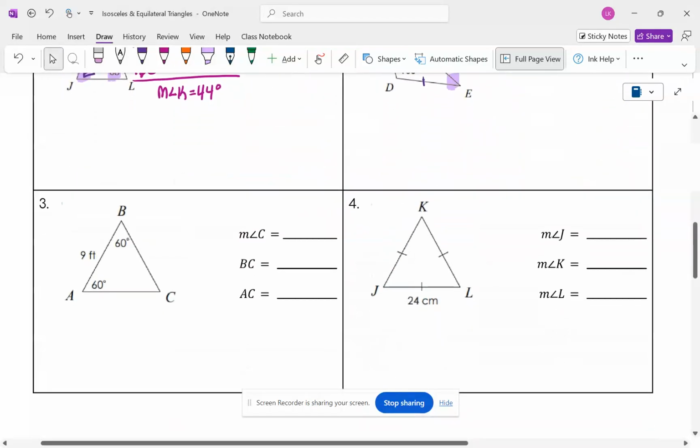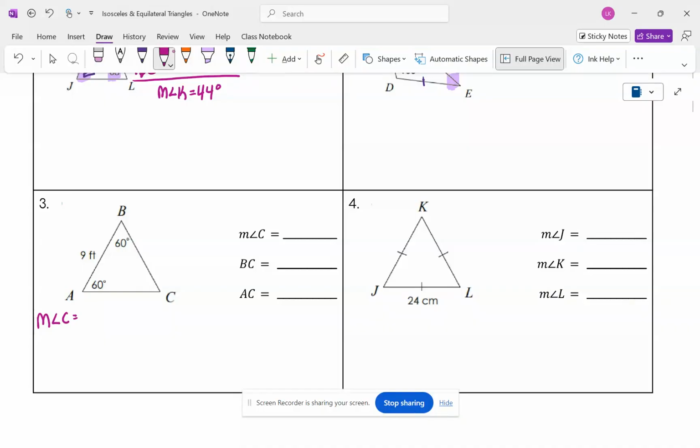In number 3, you are given two 60-degree angles. So we're going to start by finding the measure of angle C, which is going to be 180 minus 60 plus 60, the two angles that I know about, which is 180 minus 120, which is 60 degrees.